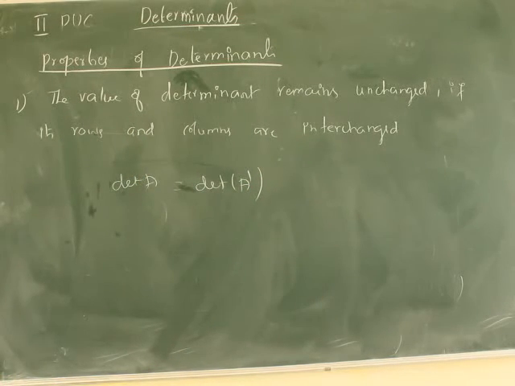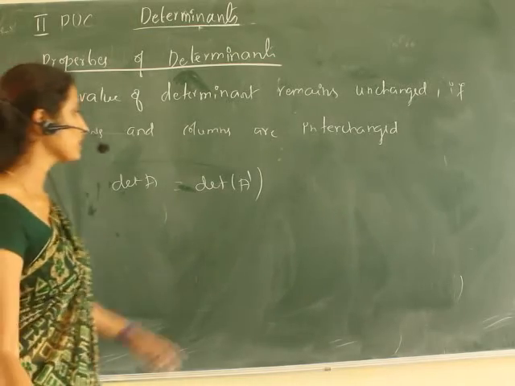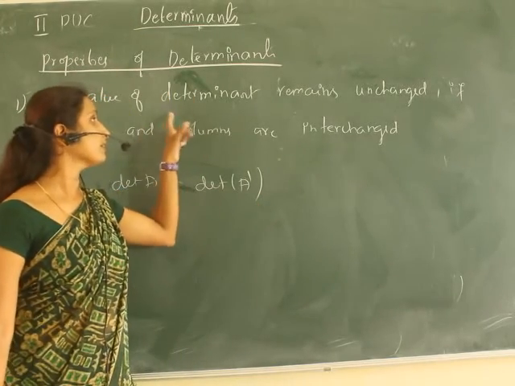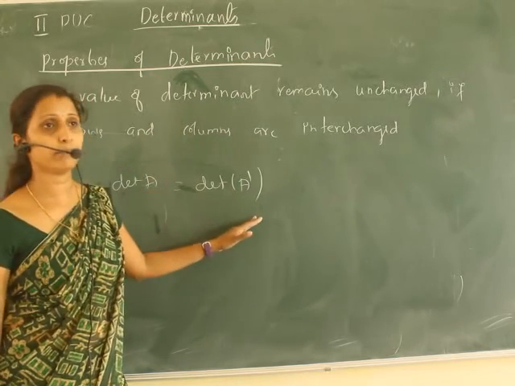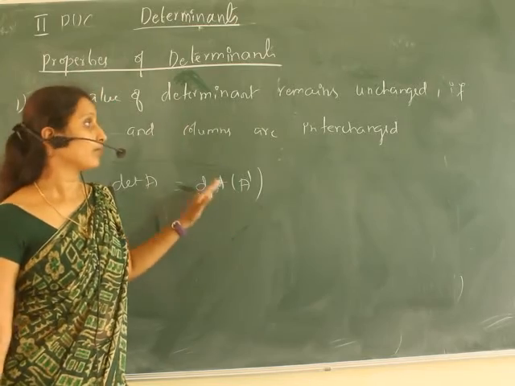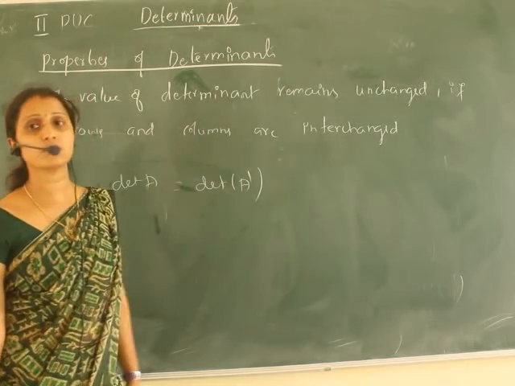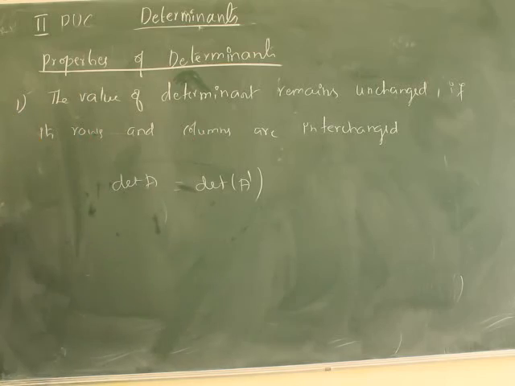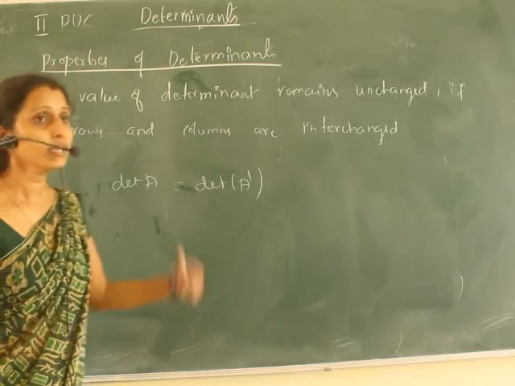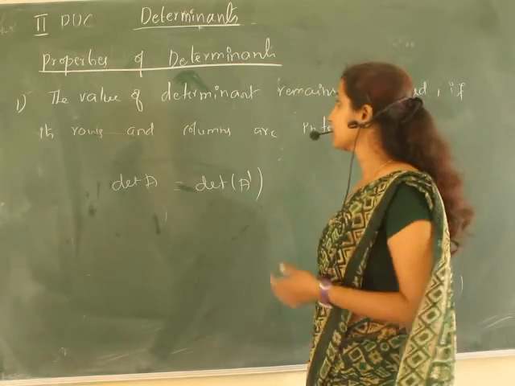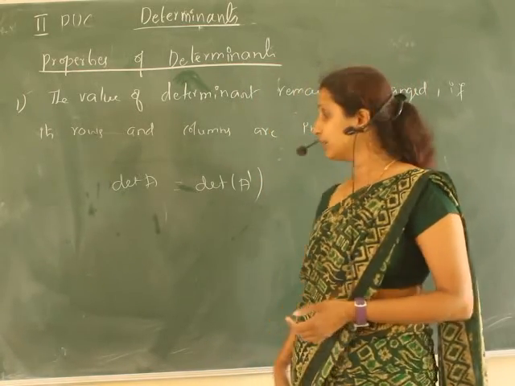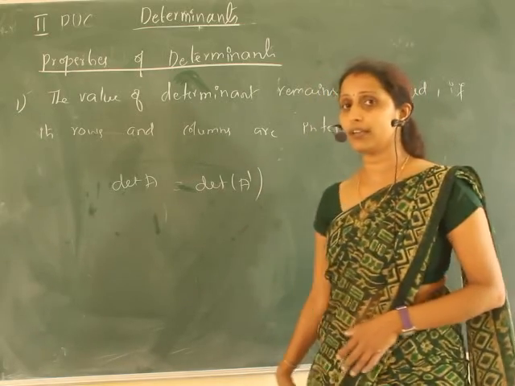So we can conclude this from the property: the determinant of A and the determinant of A transpose are the same. If we interchange rows and columns, the determinant value does not change. We will solve problems based on this property later. So just write down the property.